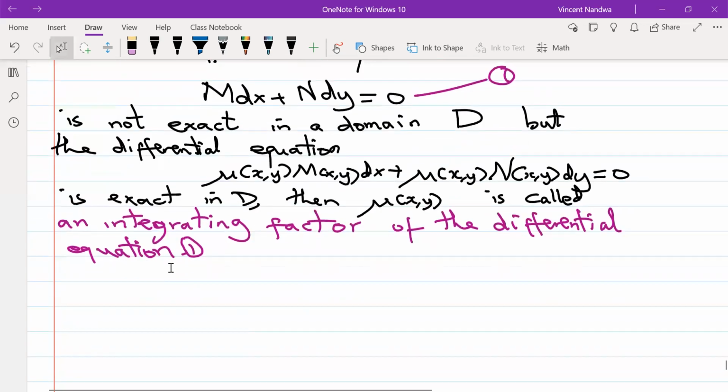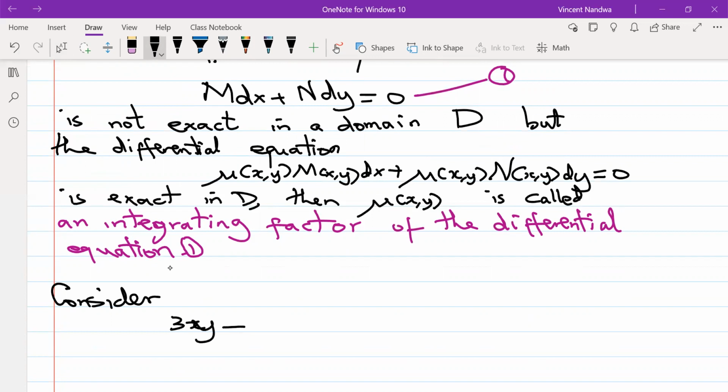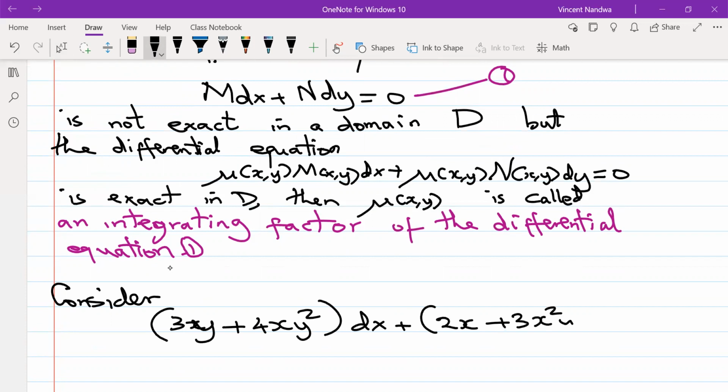So for example, consider the equation (3y plus 4xy squared) dx plus (2x plus 3x squared y) dy equals 0.